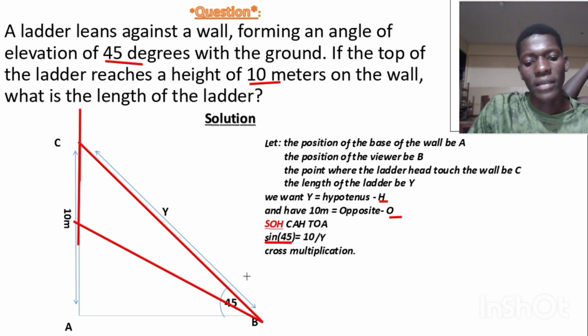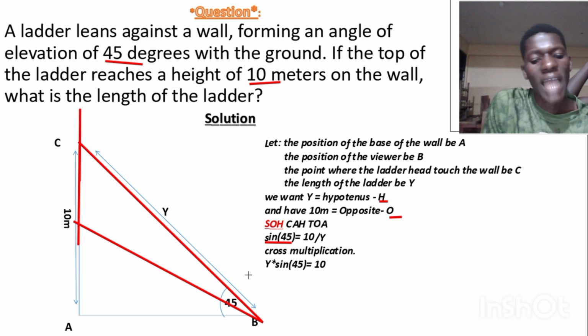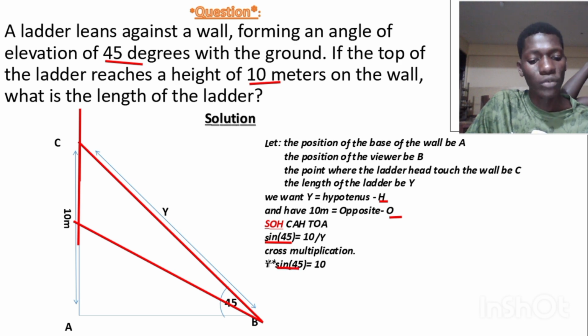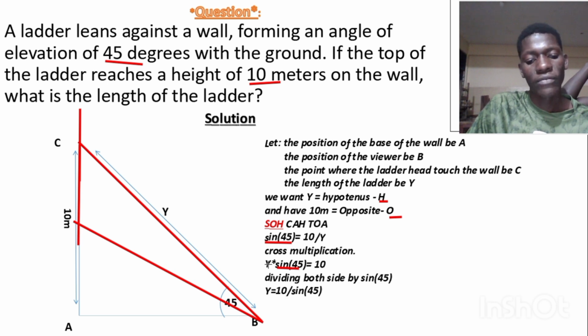So we get y times sine 45 equal to 10, because the 10 is multiplied only by one. At this point, we want y, not these plenty things. So divide both sides by what we don't want, the sine 45, to make the y stand alone. And we get y equal to 10 over sine 45.